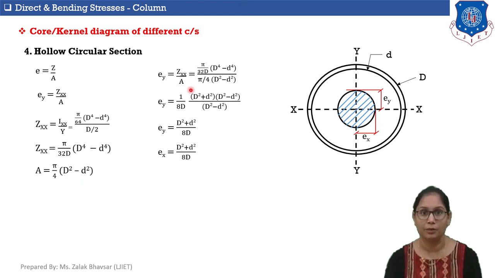So if I put Zxx is equal to pi by 32D capital D raised to 4 minus small d raised to 4 in equation of ey and A is equal to pi by 4 in bracket capital D square minus small d square, then I will get ey is equal to capital D square plus small d square upon 8D.